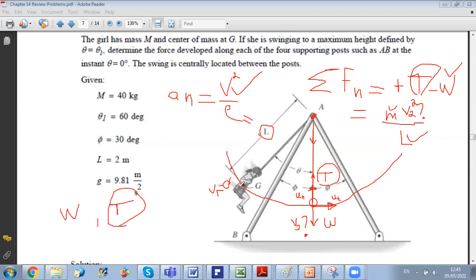Why is it 0? Because at any position, your tension will be perpendicular to the motion, and therefore it will not produce any work. So we can say that the work of T is equal to 0, since it is always perpendicular to motion.